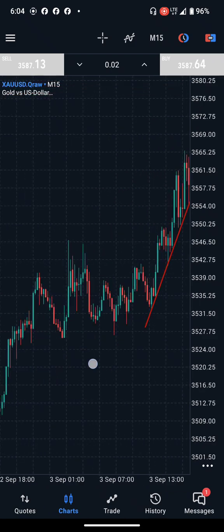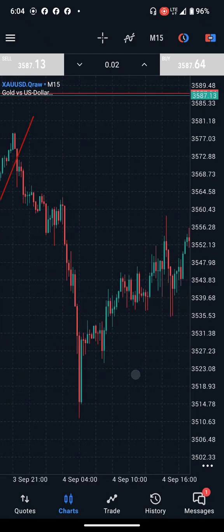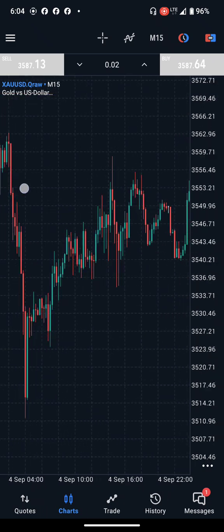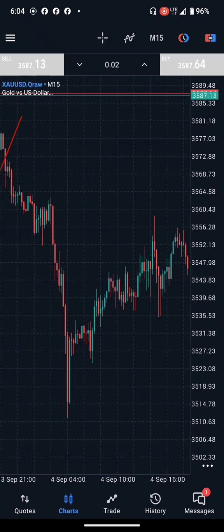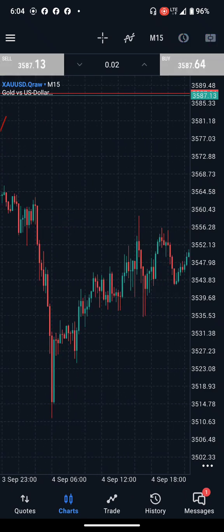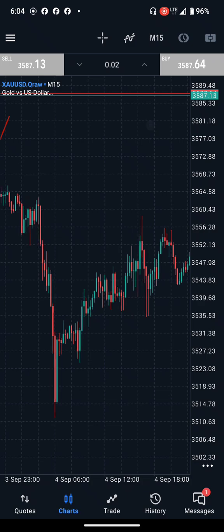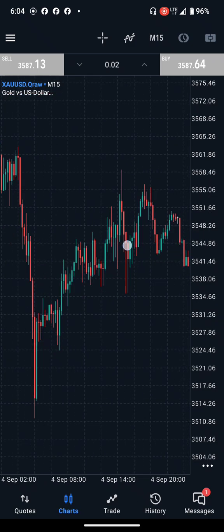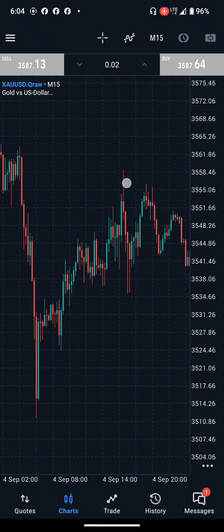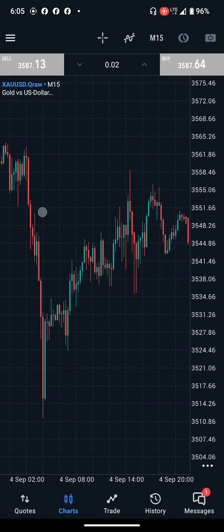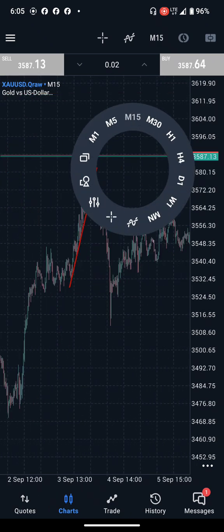Okay, so we might call this zone, where I'm tapping here, a rejection zone. Why? Because whenever the market reaches that zone, instead of breaking it and moving in an upward direction, it always rejects it. Just look at this wick I'm tagging here. Once the market reached this level, it rejected that place and went back.